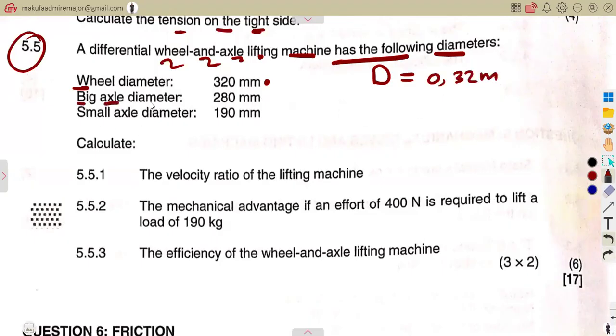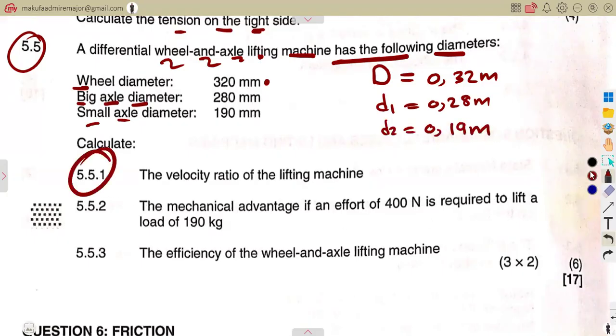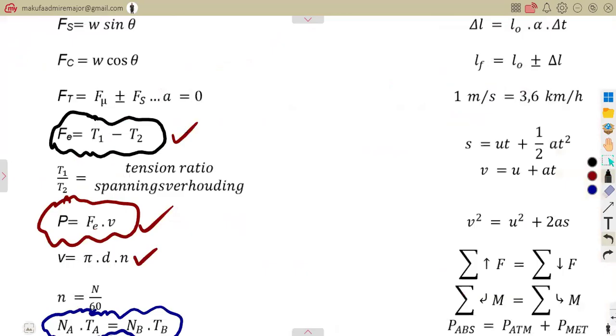The big axle diameter, that is your D1, divide by 1,000 again, 0,28 meters. And the small axle diameter, that's our D2, divide by 1,000. That's it. So the question on 5.51 was to calculate the velocity ratio of the lifting machine.